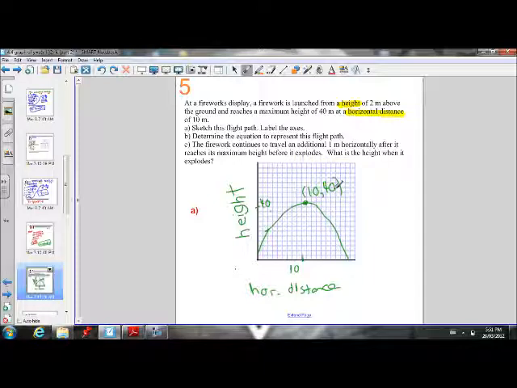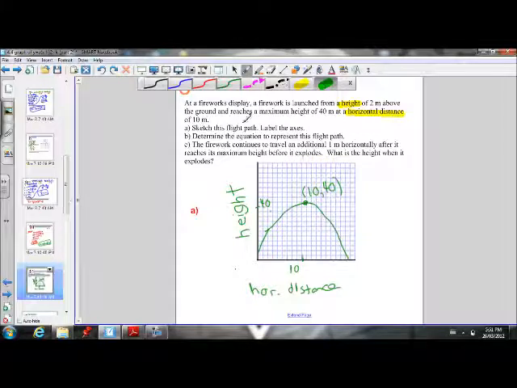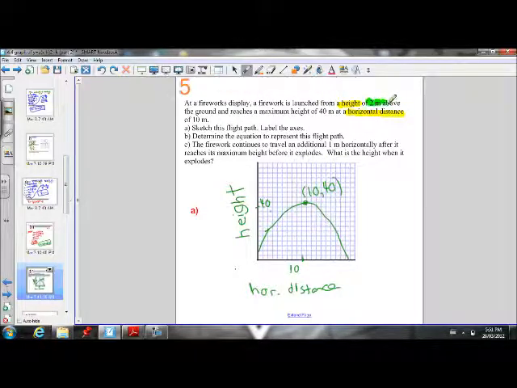Okay. So part B is determine the equation to represent this flight. We know when we're writing the equation of a parabola, we need the vertex, which we have, and also another point on this parabola. So let's look at the question and see if it tells us a piece of information about another point. It says a firework is launched from a height of 2 meters above the ground.